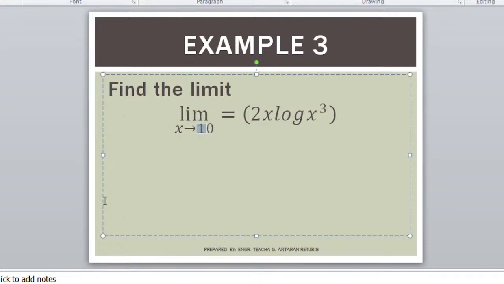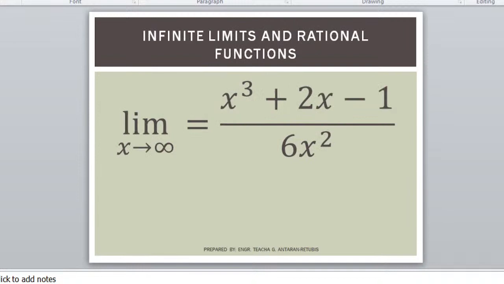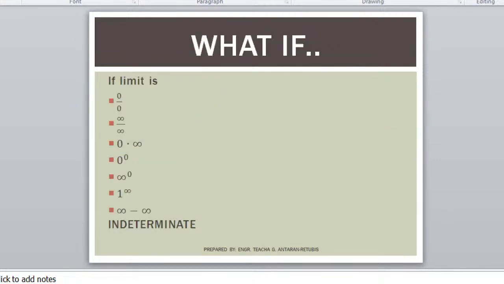There are examples just like this, class. This one. What can you observe? The x approaches infinity. And if that happens, there's a possibility that the result of the limit is like this. Can you follow? It could be that it is undefined, right? That's the usual result.